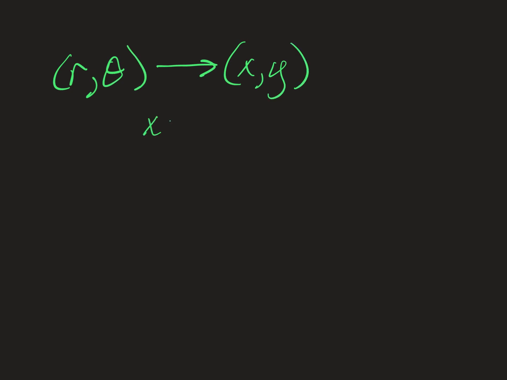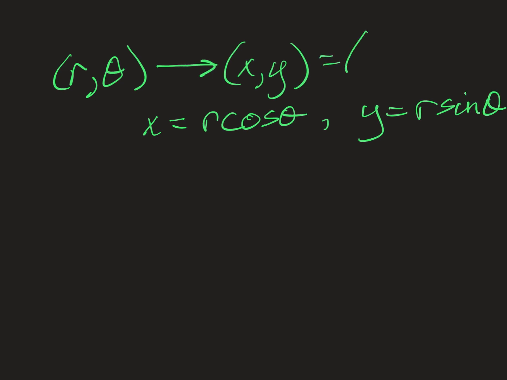So in summary, to convert from polar to rectangular, you use x equals r cosine theta, y equals r sine theta. So in fact, I could write this as (r cosine theta, r sine theta).